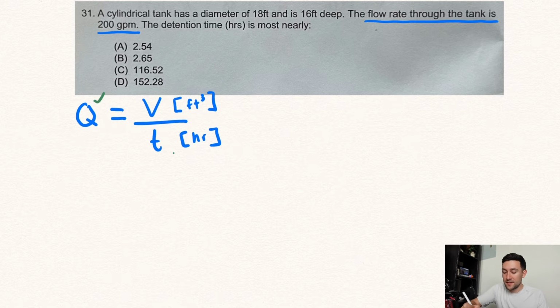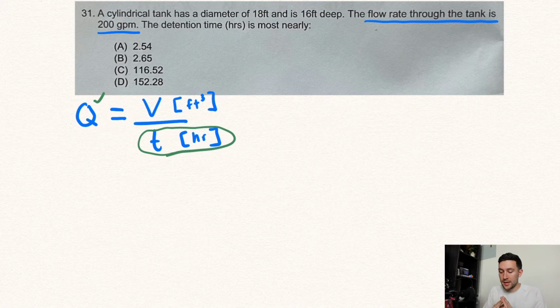Then all that's left is finding this T here, which is time. So let's break this down simply. I like to go high level first and just understand what even Q is, which is a volume over time. Let's try to figure out how to get this volume.